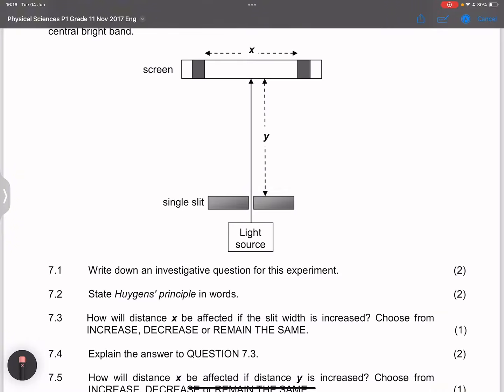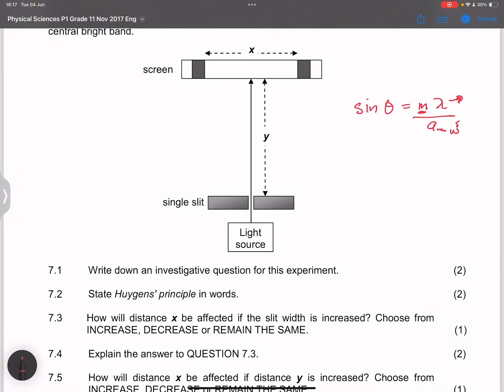Now remember, ladies and gents, the formula that we use, and I know that it's not given. In this case, m would be the mth dark band, and because we're looking at the central bright band, our m value is 1. This is the wavelength of the source of light that you are using, and this is the slit width.